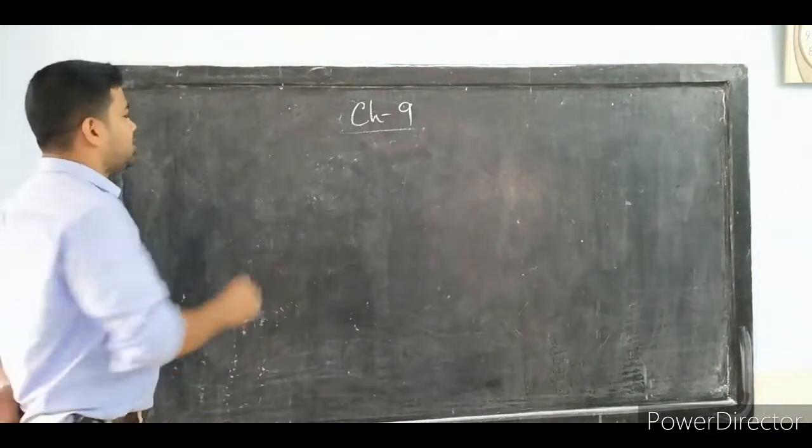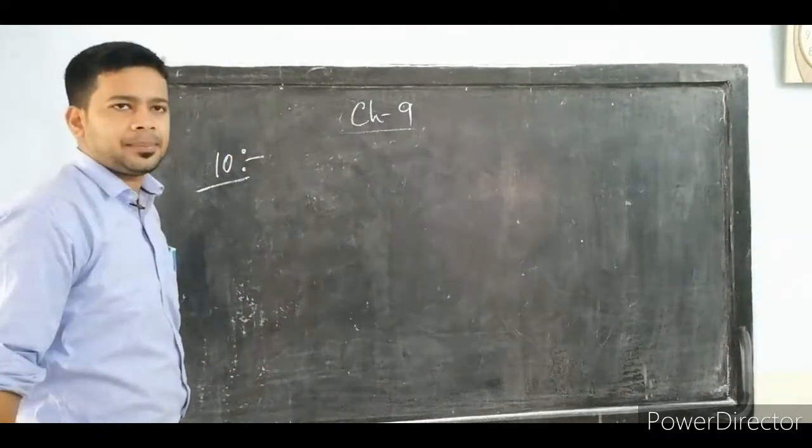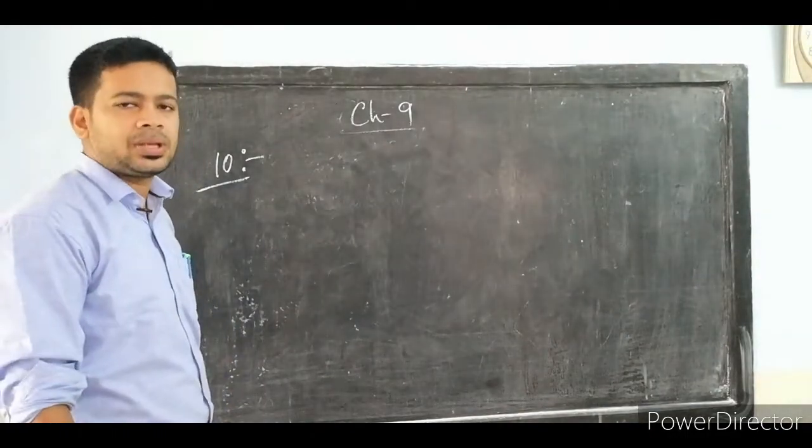So the last number, that is 10. Let's see what is the divisibility rule of 10. 10 is also the same as 5, we can say.